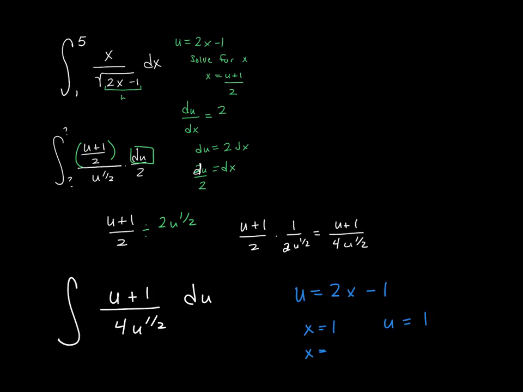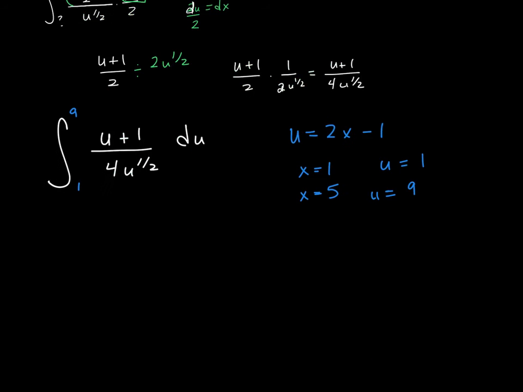When x is equal to 5, I know u is equal to 10 minus 1, or 9. So I'm going to replace those limits. So now this is going to be 9 over 1. I'm going to take out that 1/4. These are my new limits. This now is written in terms of u.